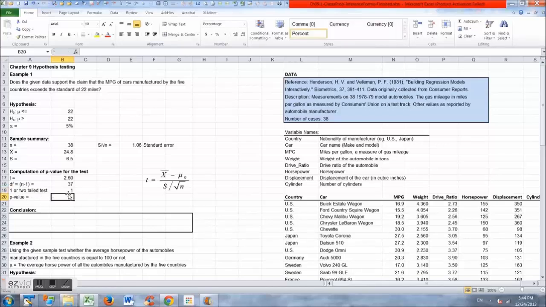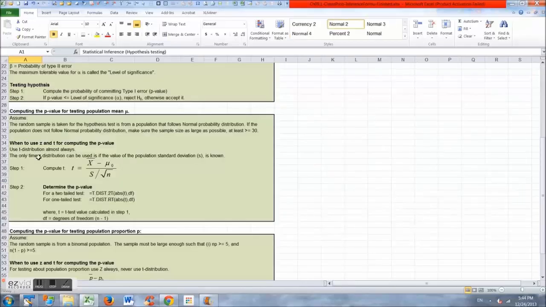Now, what formula should we use for p-value? Okay, so let's take a look. Okay, so here are the two t distribution functions. So for one-tailed test, we need to use t.dist.rt function. Okay.